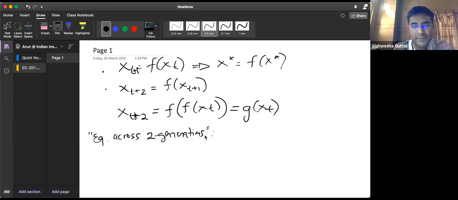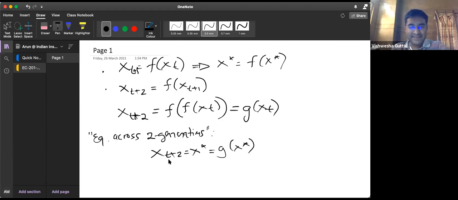This is a new type of equilibrium. What does it mean? That x of t plus 2 is equal to x star is equal to g of x star. What this means is that x of t plus 2 is the same as xt. Isn't this the same as the period 2 cycle? x of t plus 2 is equal to xt, right?